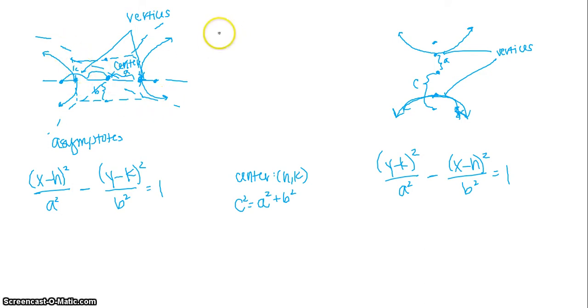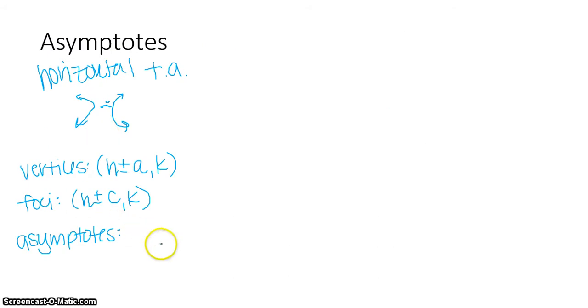So because I'm going to have b over a for both of those, positive or negative, that will come into play for my horizontal asymptotes. So it's going to be y equals k, so that I can get whatever the y value of my center is, plus or minus b over a times (x minus h). And that will give me the equation of my asymptotes.